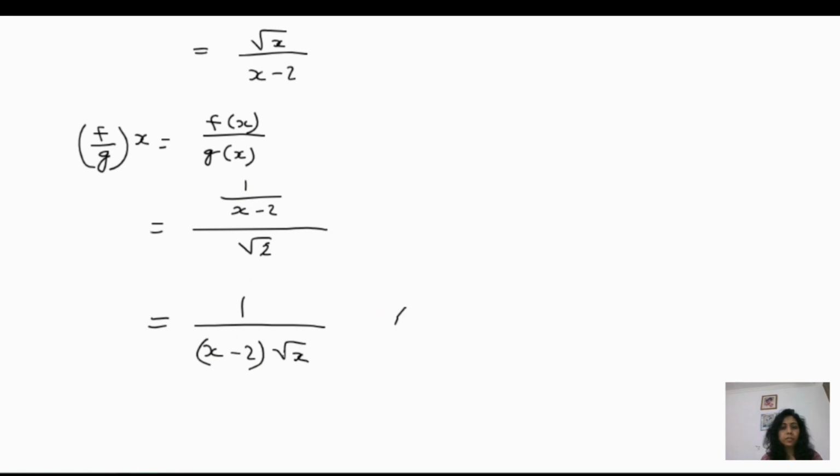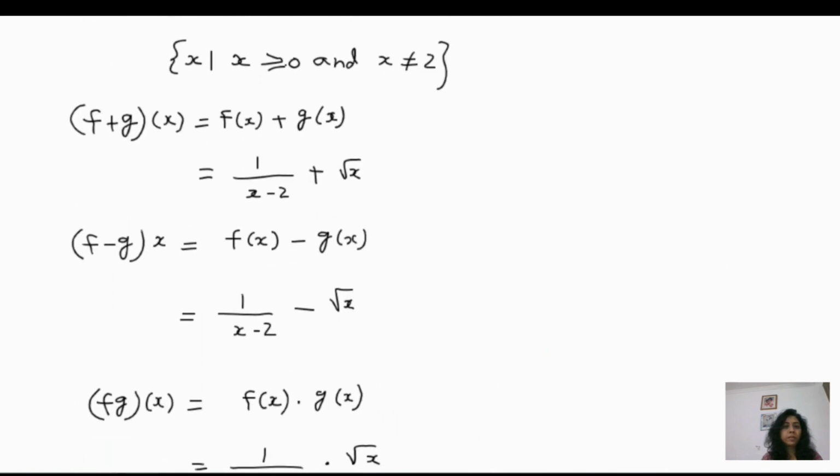And here the domain is x such that x is not 0, because when we put 0 the whole denominator is 0. So here just all positive numbers and x not equal to 2. So the domain is a little bit changed, here the not equal to sign. For the first, third, for addition, subtraction and multiplication, the domain is this one.